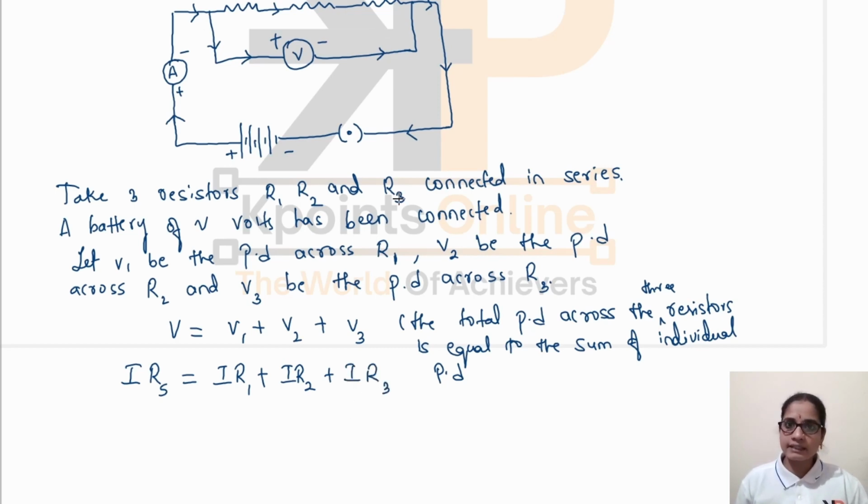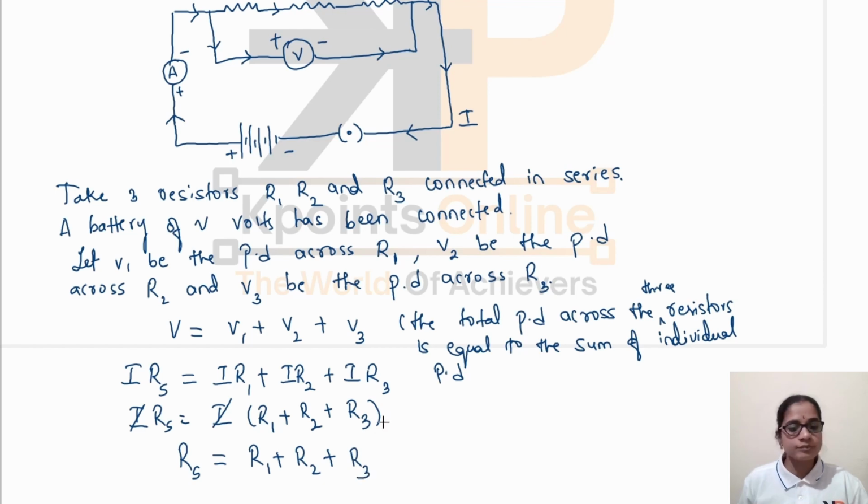As these are connected in series, the same current I is flowing through the circuit. Now taking I as common, we get R1 plus R2 plus R3. These two get cancelled. So the equivalent resistance will be equal to R1 plus R2 plus R3 when these resistors are connected in series.